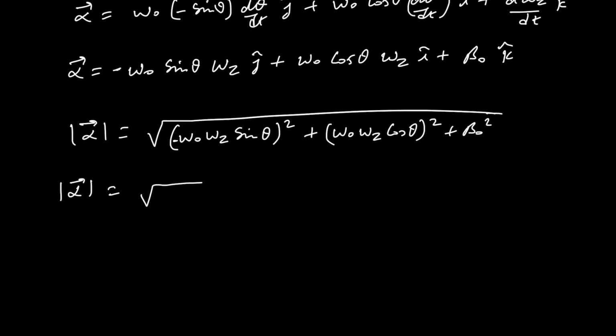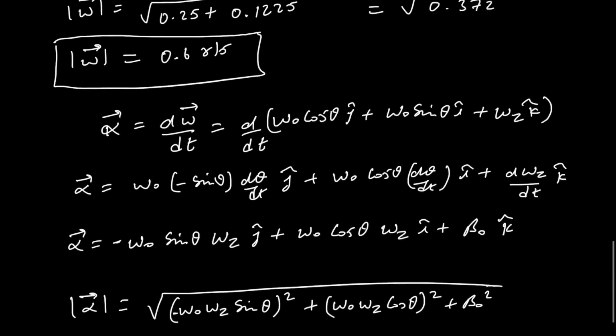So solving this, we get omega naught square omega z square as sin square theta plus cos square theta is 1, plus beta naught square. Now, what is omega z? Using the formula omega is equal to omega naught plus alpha t, and in fact we have already found this omega z.